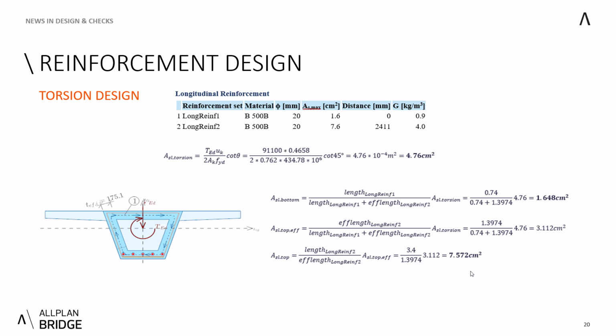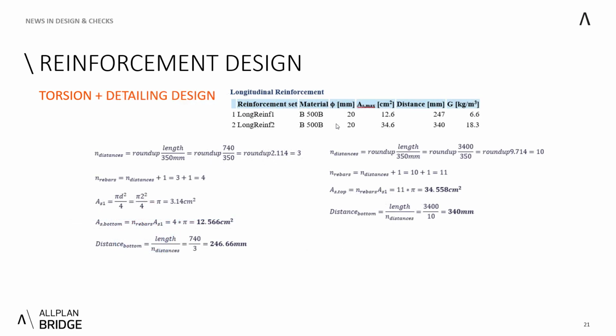And those are the numbers which you can see here at the top that Allplan Bridge is telling you to apply. When you select the only torsion and detailing option, then the detailing is designing much higher values, and now let's explain why. The detailing is overruling just pure torsional needs.